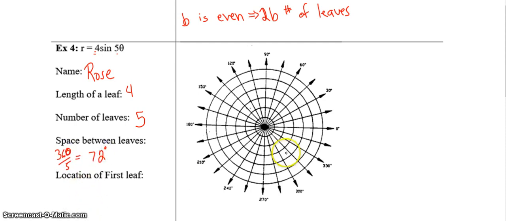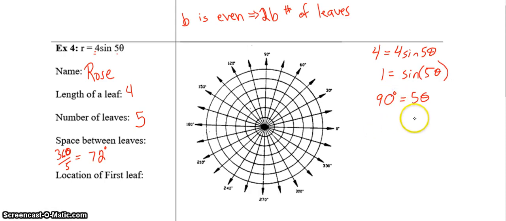And how about the first one? Well, where is 4 sine of 5 theta equal to 4? In other words, where is the sine of 5 theta equal to 1? Well, that means sine of what angle is 1? Well, sine of 90. Divide by 5.